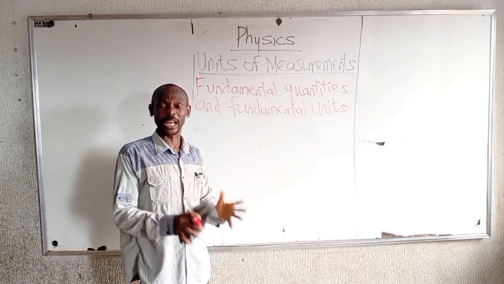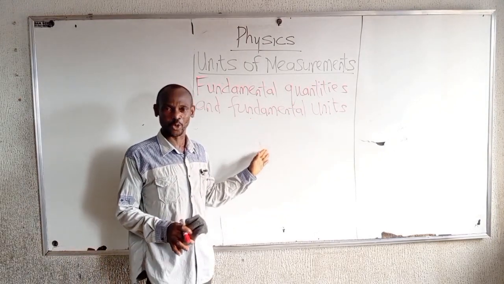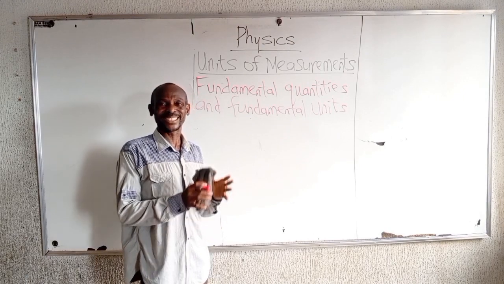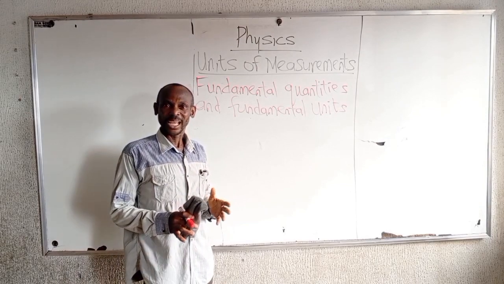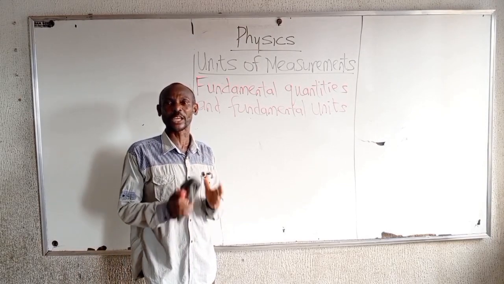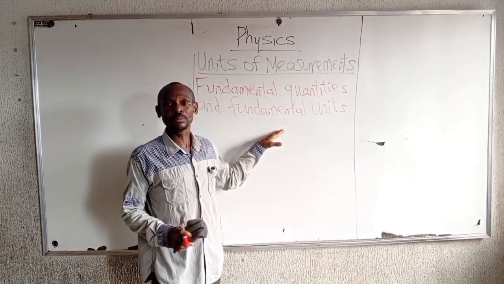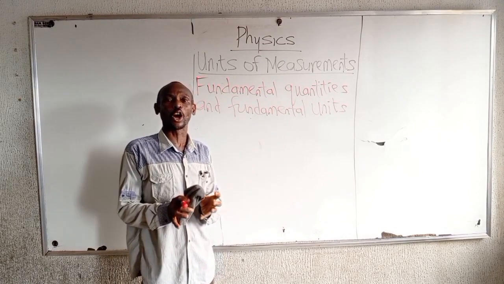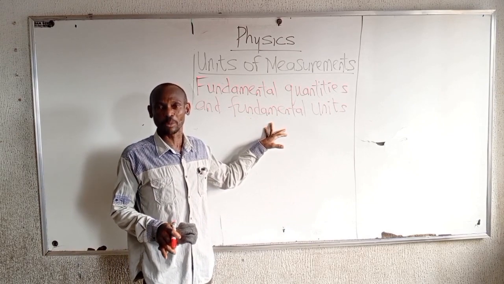This international unit is referred to as the SI unit. The SI unit simply stands for the System International Unit. In our System International Unit, we have basically 7 quantities that have been accepted as the foundation or the basic quantities for measurements.